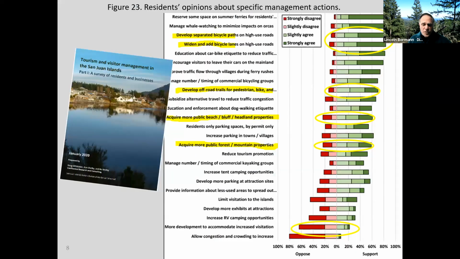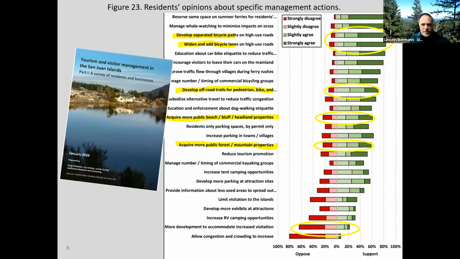We do a lot to try and gauge support for what we do by surveying the community. This was a survey that was done in 2019, so pre-pandemic, but it asks residents and businesses, and we also did this with visitors, and this was in conjunction with the Terrestrial Managers Group, which is all of the conservation entities in the county.